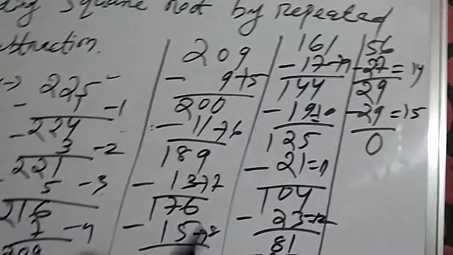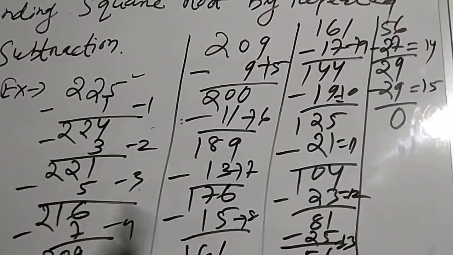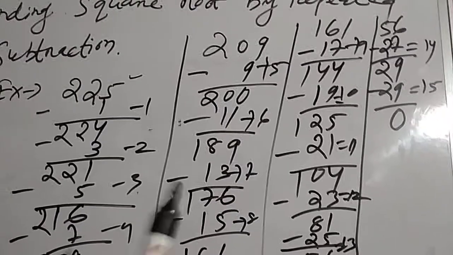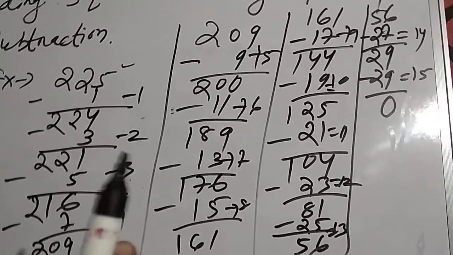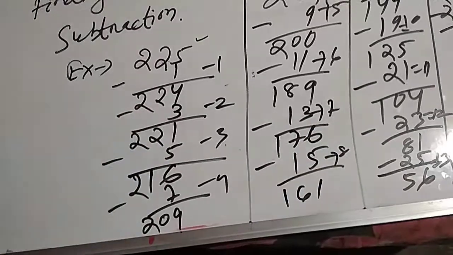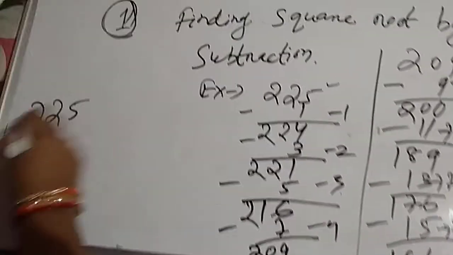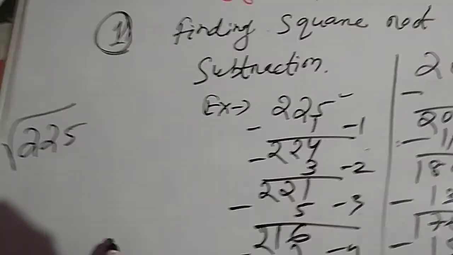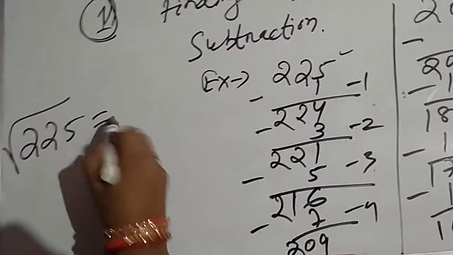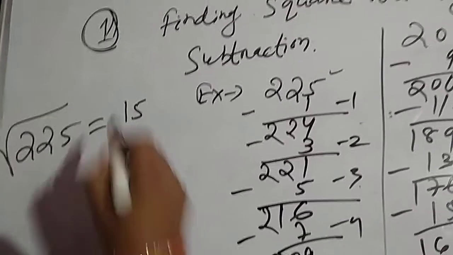So however many times we subtract, we get the last remainder 0. That number of times is the square root of that number. Means the square root of 225, this is the symbol of square root, equals 15.